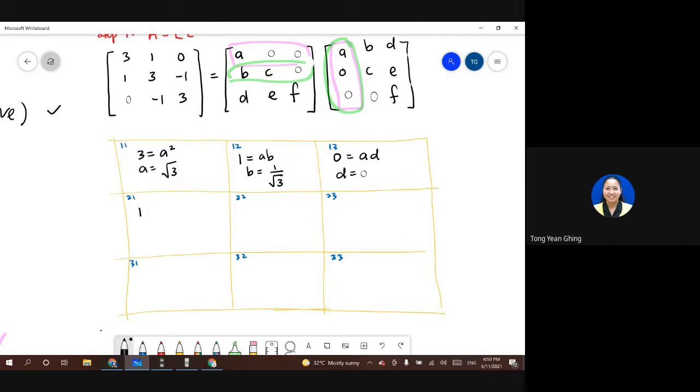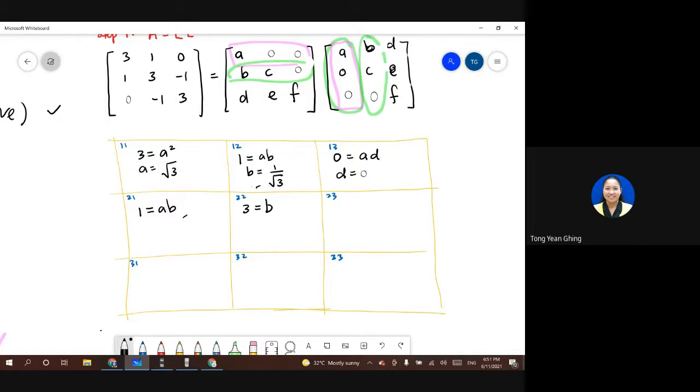So 1 equals AB. Okay, we already solved that, so no need to solve it again. And then this one, 3, equals second row times second column. B square, this one, the second column. This is B.